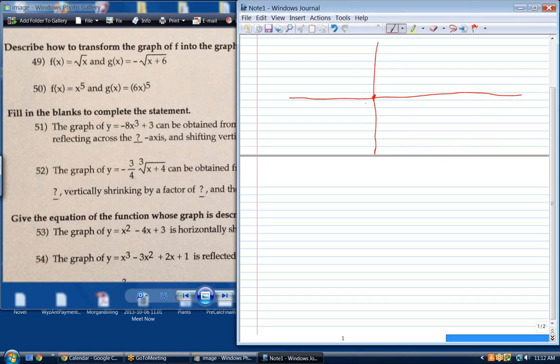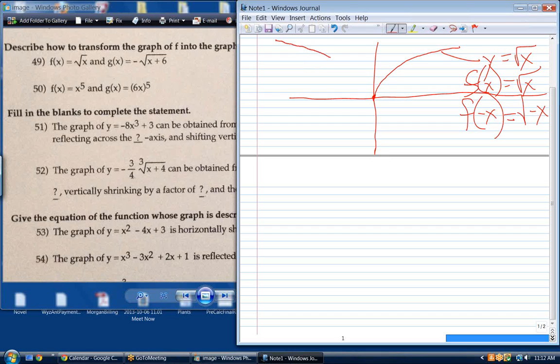Let's take that same square root function. That's y equals square root of x, or I could say that's f of x equals square root of x. Well, what would f of minus x be? That would be the square root of minus x. Notice the difference. Here the negative sign is inside the function. This is a reflection across the y-axis.